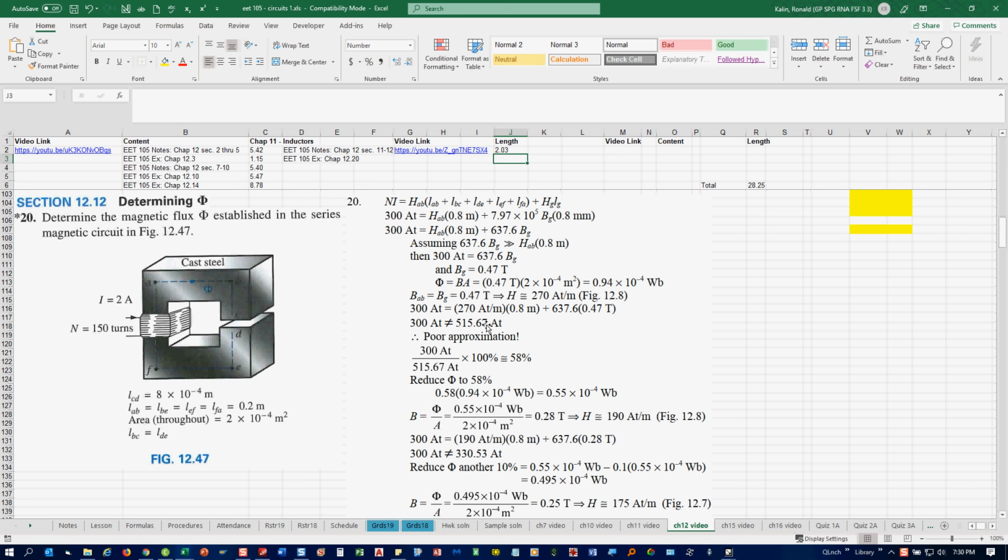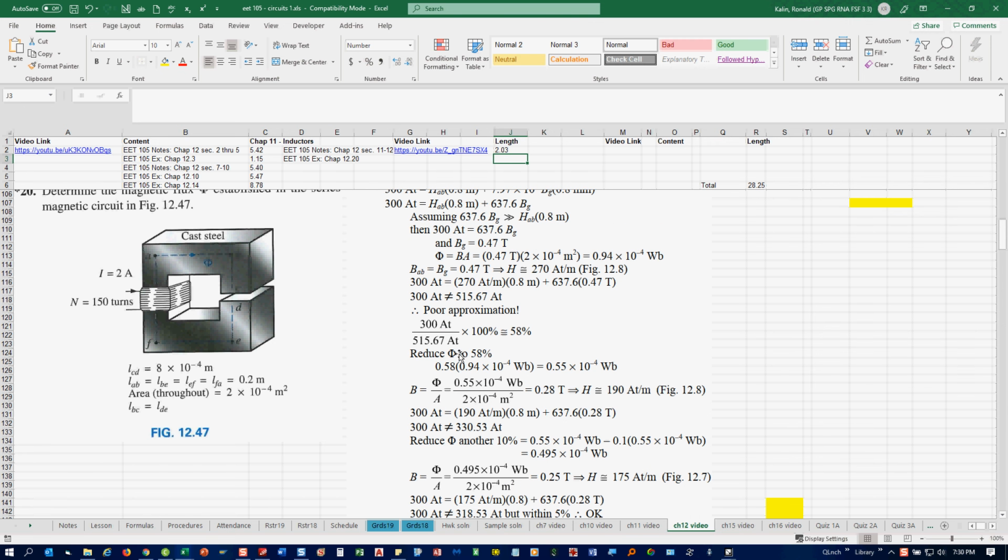So what they did was take that number and divide it by this number, 58%, and reduce phi to 58% of the value that you calculated and knock it down to here. Because you want these things to be equivalent. So that's what they did.